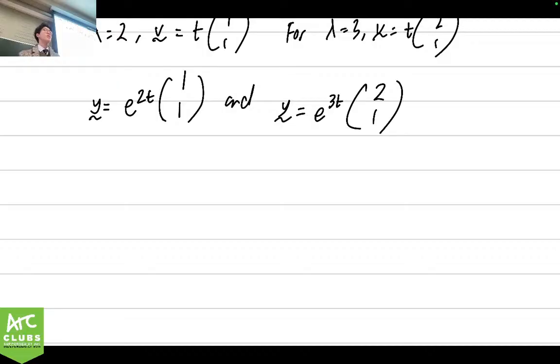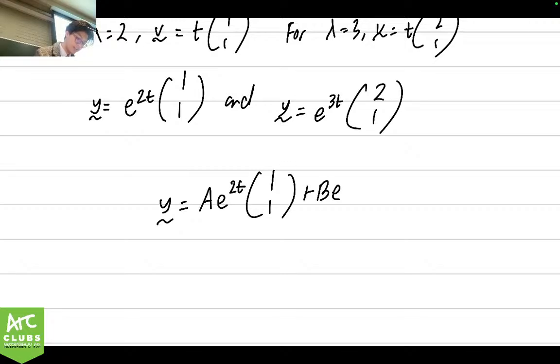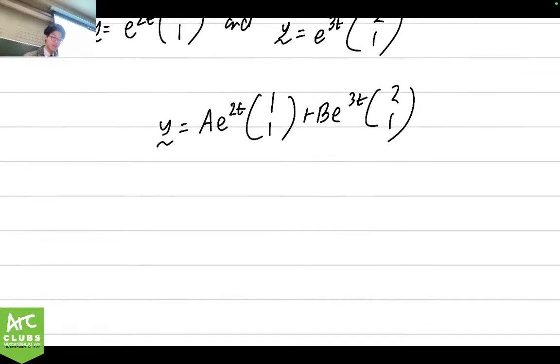In general, our general solution will be a linear combination of these two solutions, which means our final general solution will be some constant a times e to the 2t, 1, 1, plus b times e to the 3t, 2, 1. And so this is our general solution.